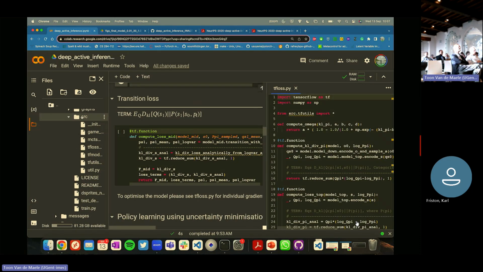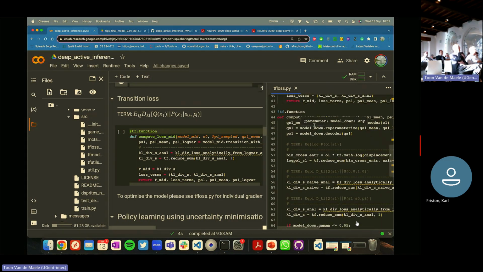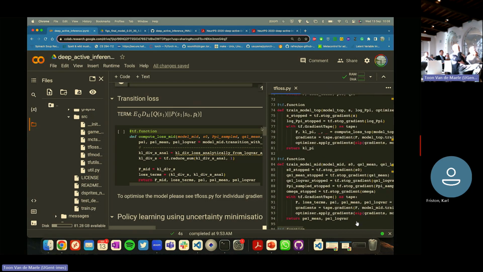I'm hoping everyone can do that on their own Colab notebooks. The key difference to more recent work, which is an end-to-end formulation, is that we're optimizing each network separately. Hence we have a separation between the encoding, the emission model and the transition function.